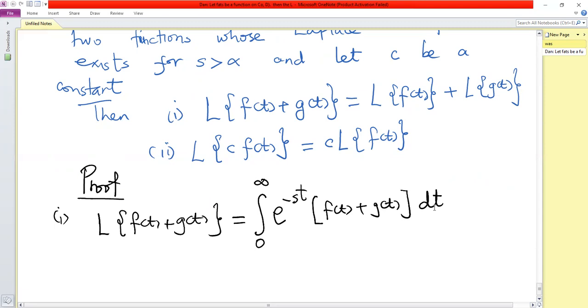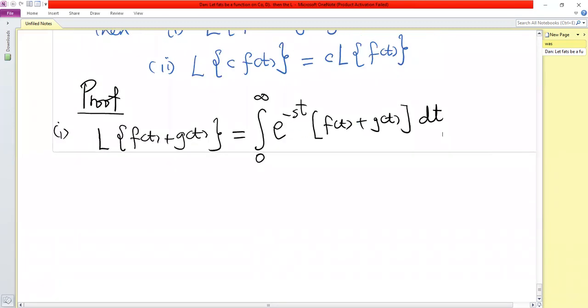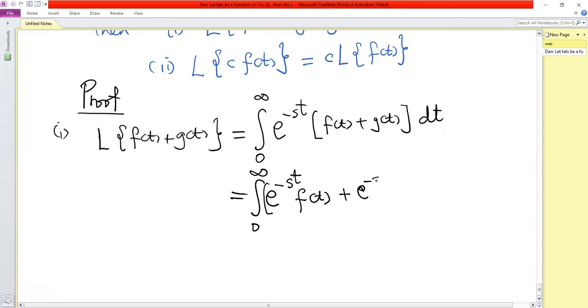And this is the same as, multiplying through, the integral of e raised to the power minus st times f of t plus e raised to the power minus st times g of t, dt.